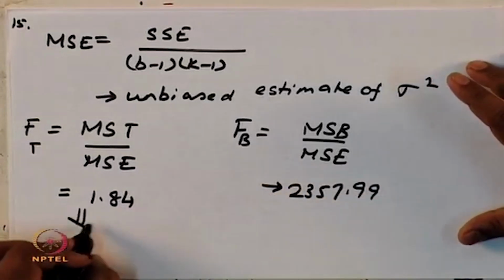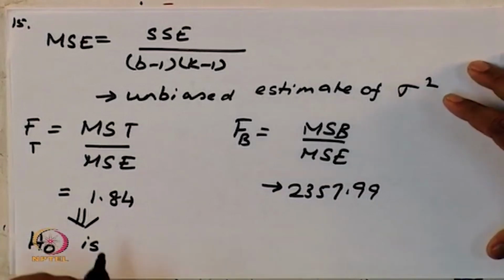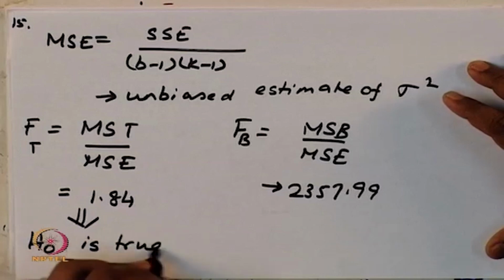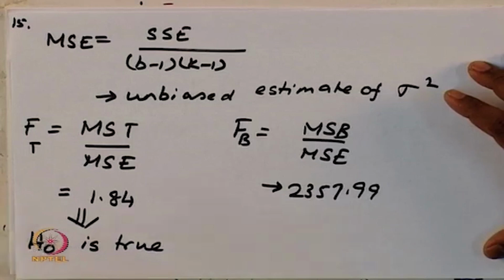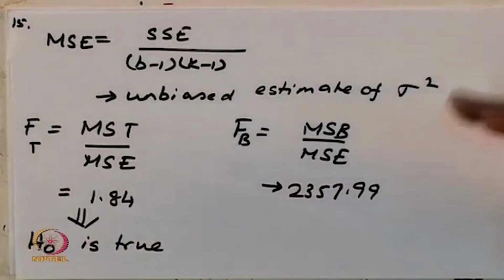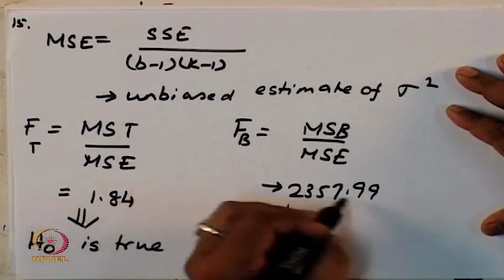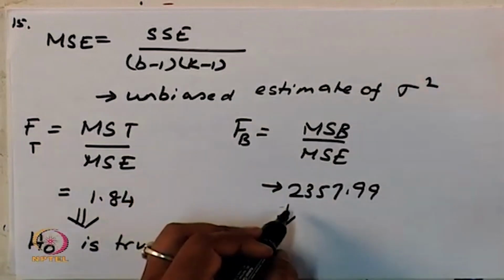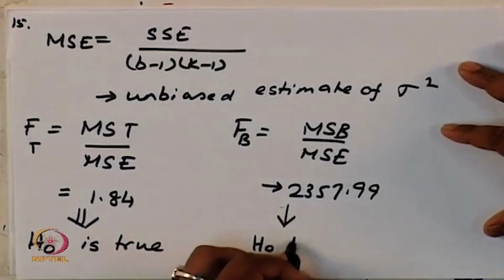So, for treatments, your H naught is true. That means that there is no difference in the pricing strategy used by the different companies. But you can clearly see the F of B value is way higher than whatever F alpha you choose. So, this really means that H naught is not true for blocks.